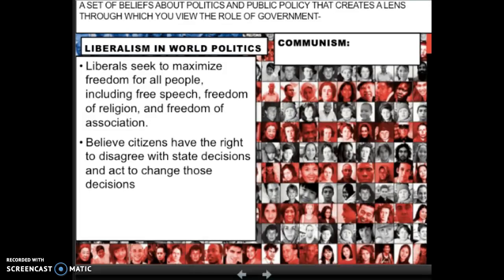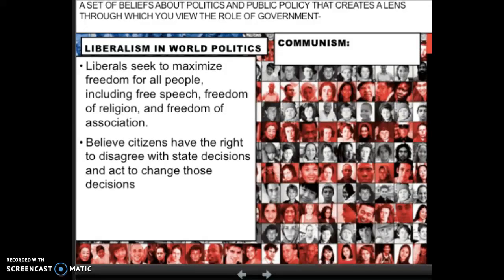But it also has to do with freedom of choice in the marketplace, and that's what makes it a little bit different than liberalism in the US. Liberalism on the world stage really is about more liberalism and choice with economic decisions, like your choice as a consumer, your choice as an entrepreneur, right?